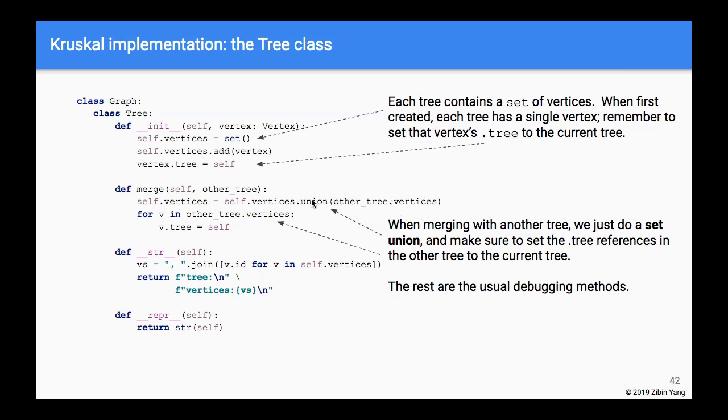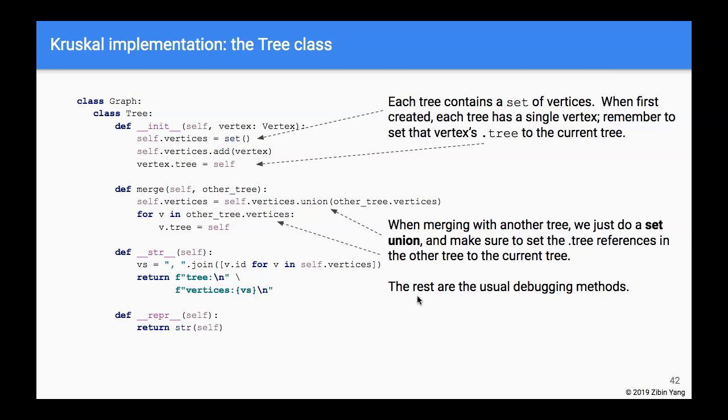So that's what that union is for. And then finally, because these vertices in the other tree are now in the self tree, we have to update each of their tree attributes to the self tree. And the other two methods are there to support debugging as usual. And that's it. That's all the code.